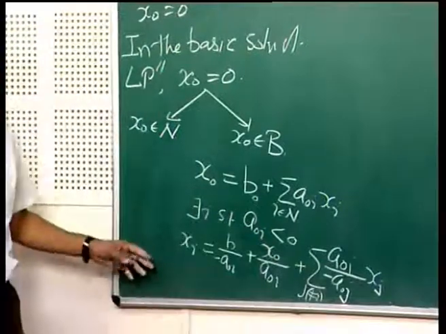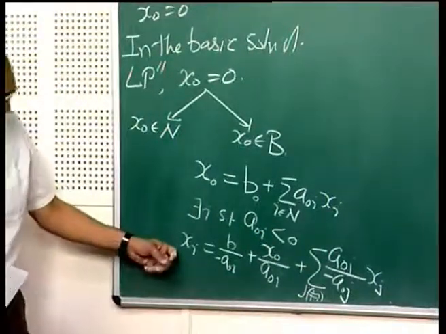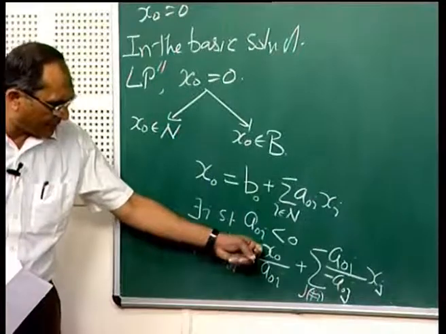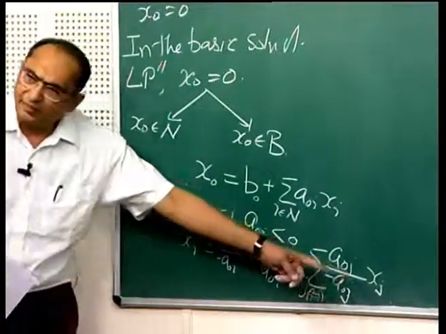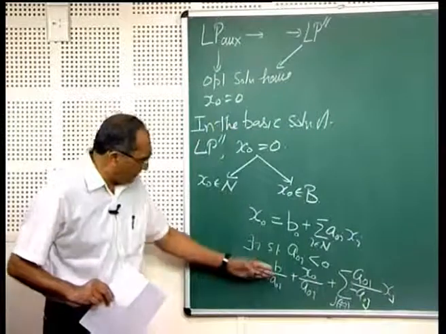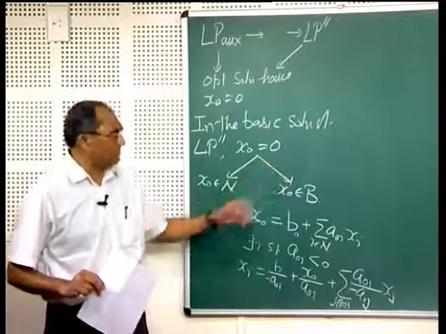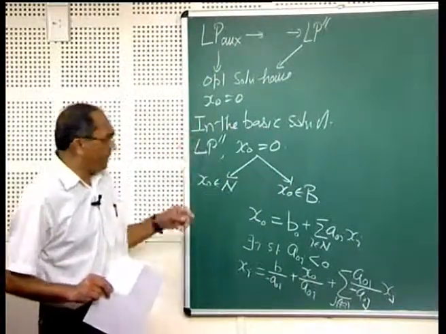This solution has one property, that since in the optimum x naught was 0, the basic solution after this transformation is still the optimal solution of LP double prime.